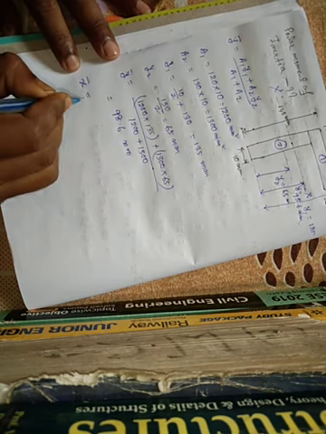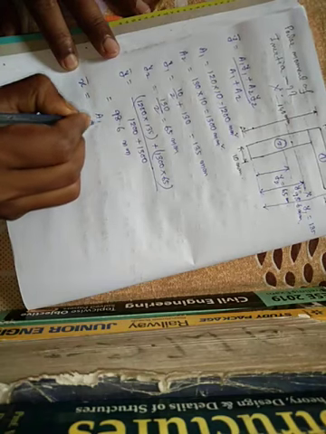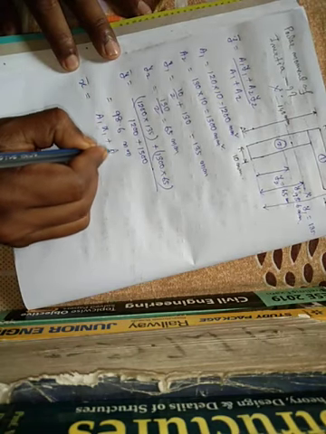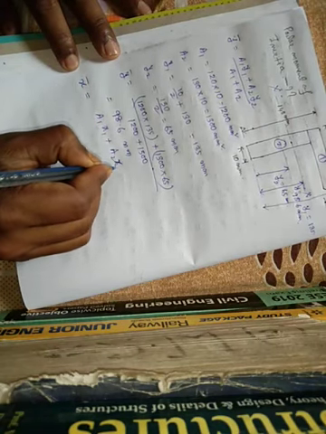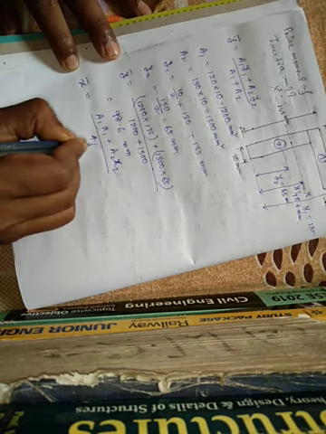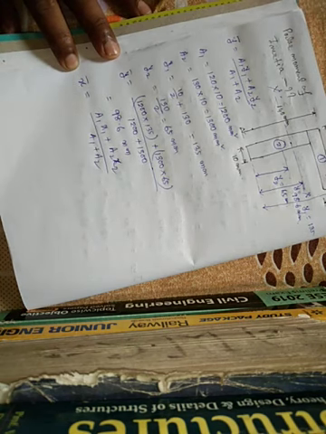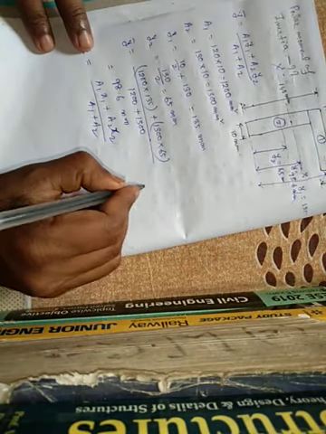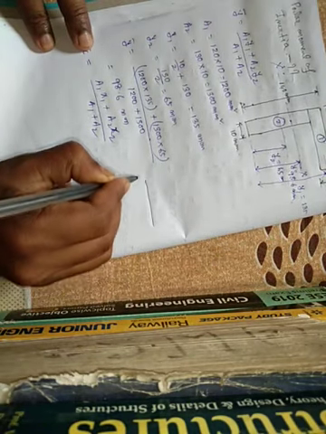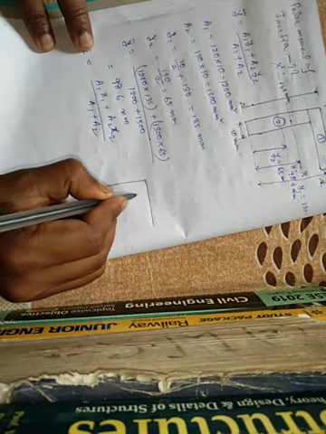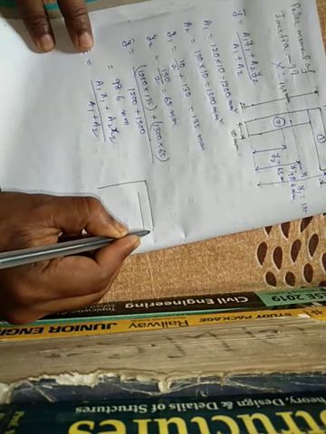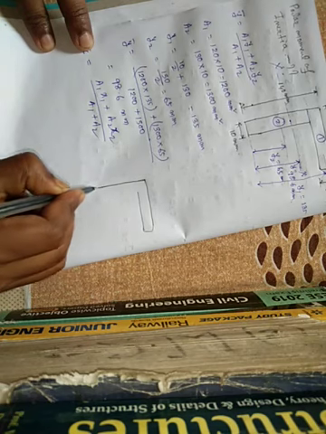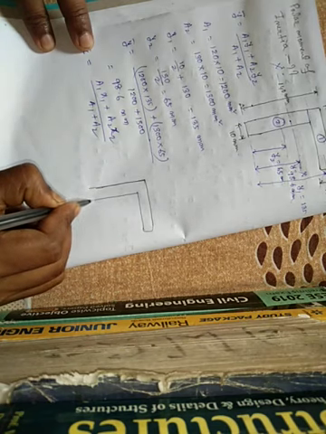CG about the y-axis is x bar equals a1 into x1 plus a2 into x2 divided by a1 plus a2. Let me draw the angle section once more.